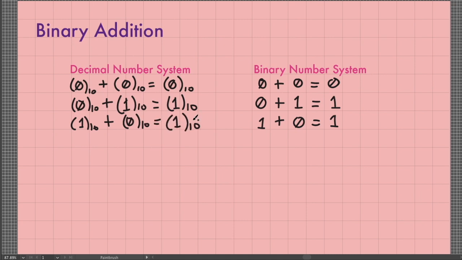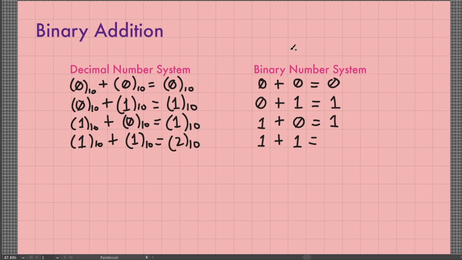Finally, the bit combination we are supposed to explore is bit 1 plus bit 1. Before we write down its sum and carry, let's look at its decimal counterpart. In decimal number system, decimal 1 plus decimal 1 is equal to decimal 2.